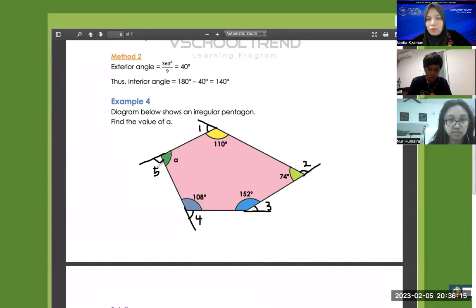444. Are you sure? For the external one, this is an exterior angle. How much do you get, Alif? 146. Are you sure? 108. Are you sure?